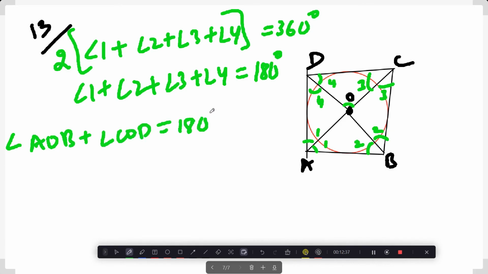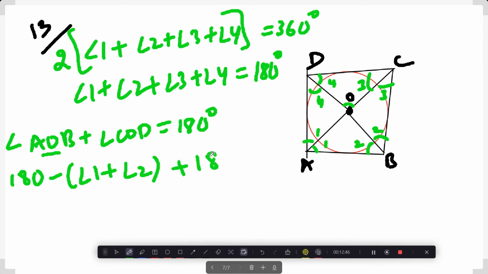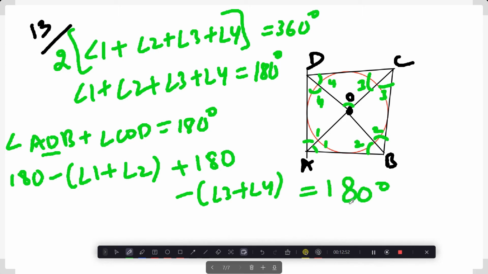So what is AOB? AOB is 180 minus (angle 1 plus angle 2). What is COD? 180 minus (angle 3 plus angle 4). One 180 has gone from here. It is proved right here, because angle AOB plus angle COD is angle 1 plus angle 2 plus angle 3 plus angle 4.